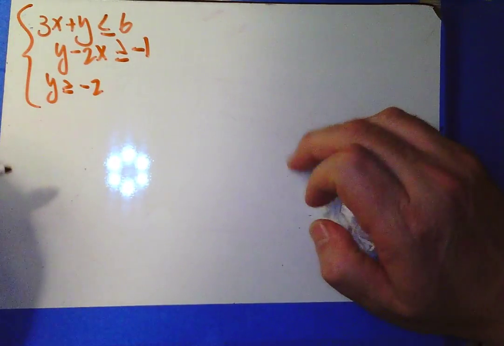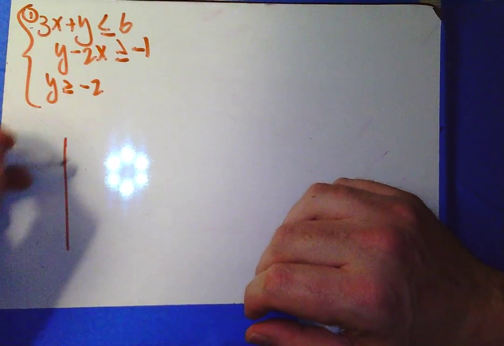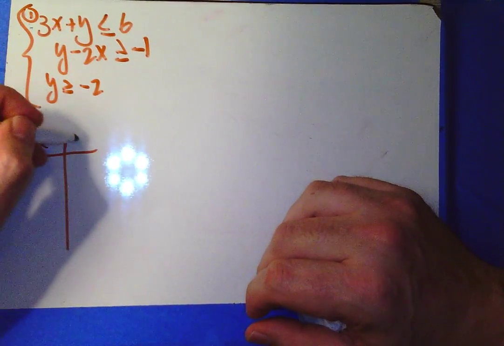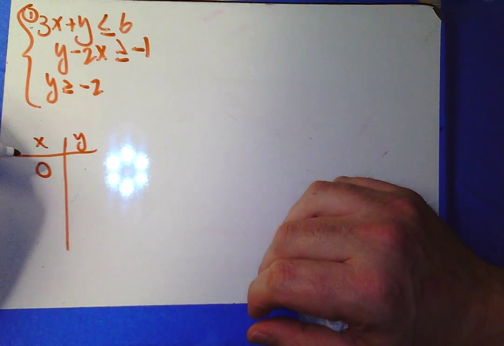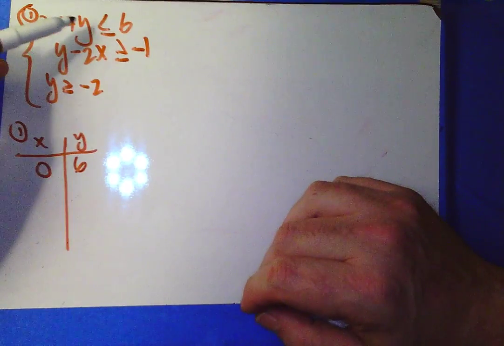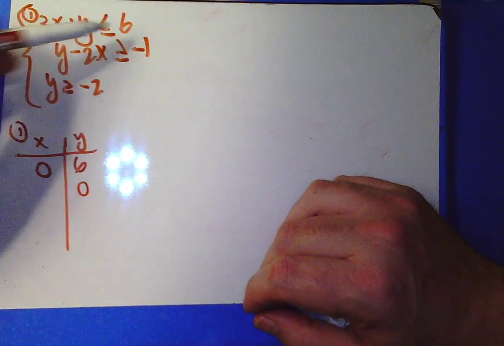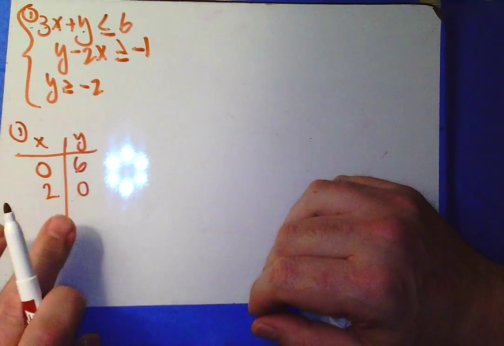Here's our system. Now we know for the first inequality, we could make a little t-chart and plug in a 0 for x and get y equals 6. And we could plug in a 0 for y, and when we do, 3x equals 6 or x equals 2.